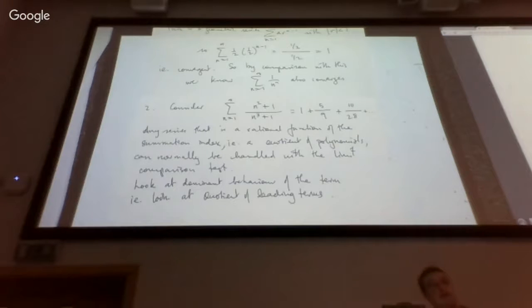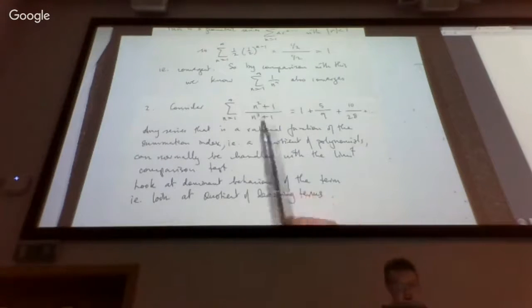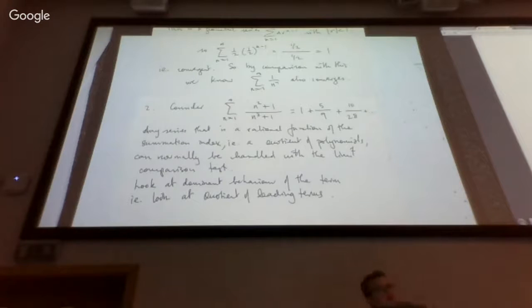It's 1 over n. So the feeling you get, or the intuition, is that in the long run, as n gets very, very large, this term will be getting closer and closer to 1 over n. So that suggests strongly that it will have the same kind of convergence status as the series the sum of 1 over n. Now the series sum of 1 over n, of course, is the harmonic series.